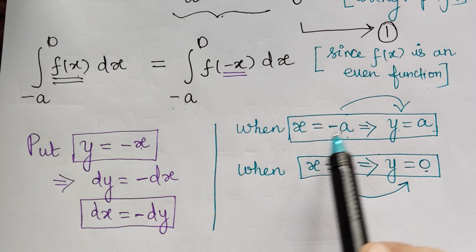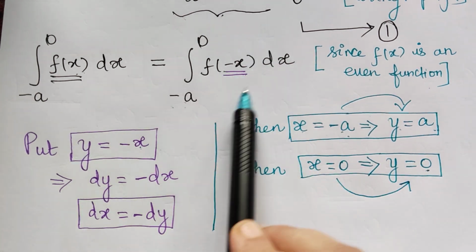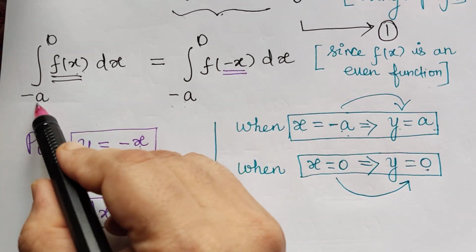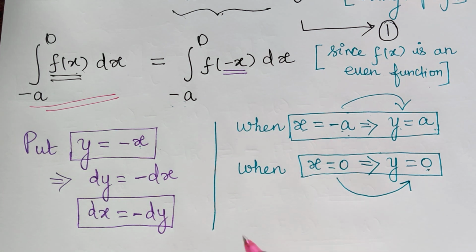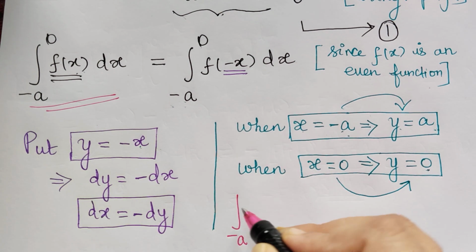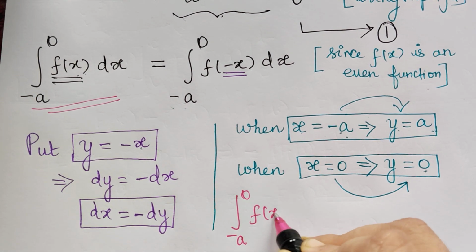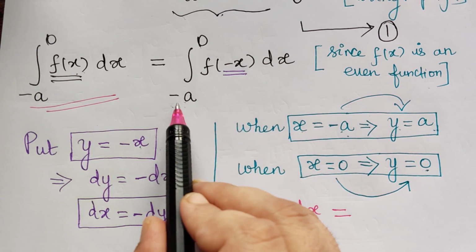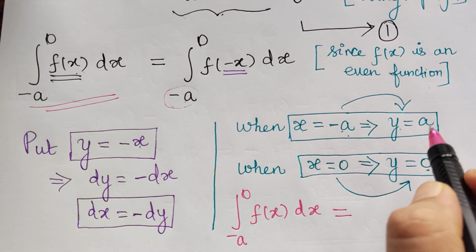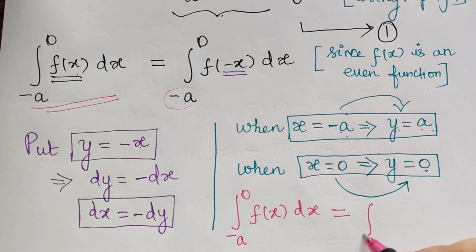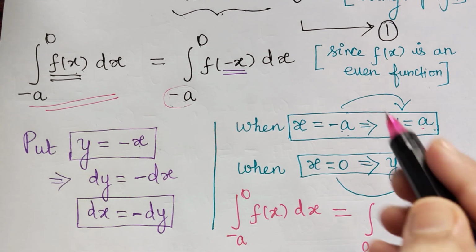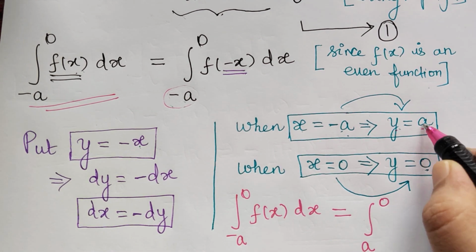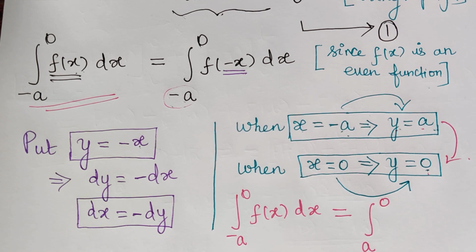Now we will substitute all this in this integral. So therefore, integral minus a to 0 f of x dx is equal to, now what has happened, the lower limit has been changed to a. So integral a to 0, the upper limit is 0 itself. So these are the limits.